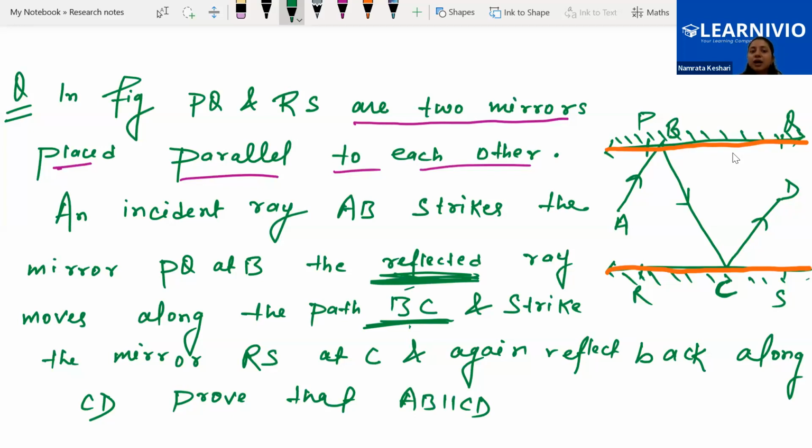The reflected ray is striking the other mirror at C. Again, it reflects back along CD. You can see, this is the incident ray, this is the reflected ray, and again this is the reflected back portion.